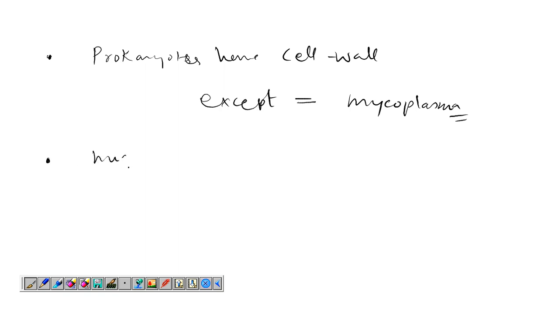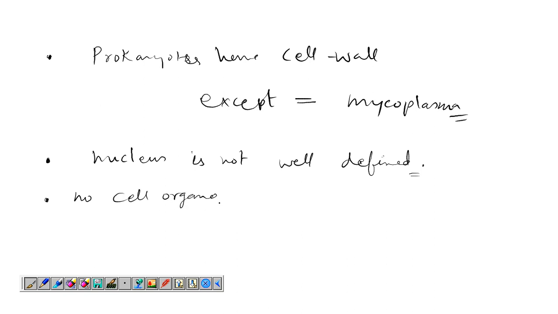The nucleus inside the prokaryote is not well defined. So there is nucleus, but it is not well defined. No cell organelles, except there is one, which is ribosomes.